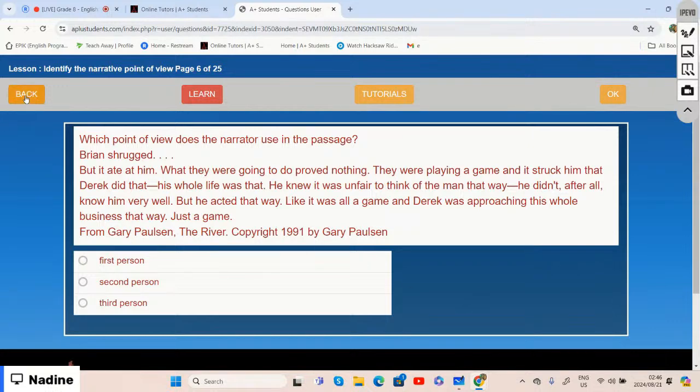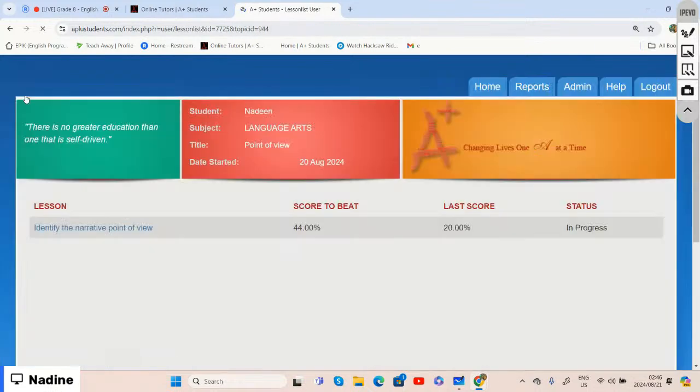All right, so this is now the end of our lesson on point of view. We said that when it comes to point of view, the narrator of a story is the voice that is telling or narrating the story.